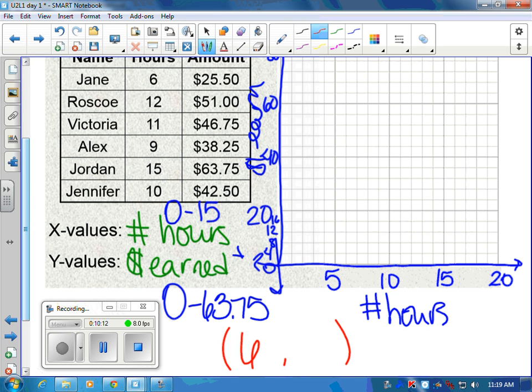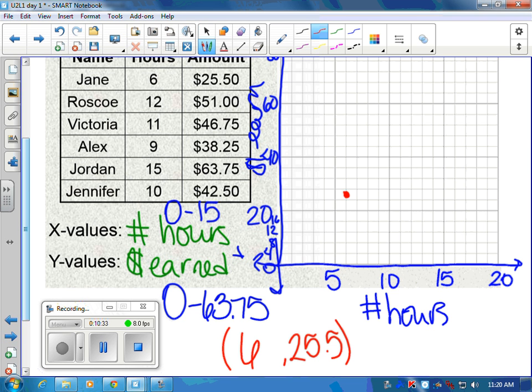So 6 will be the X value, 25.50 will be the Y. 6, and here's 20, 24, so it's going to be somewhere there. These points don't have to be perfect. We're just taking this real life data, and I'm talking about decimals and quarters and 3/4 and halves, so I'm just going to get as close as I can.